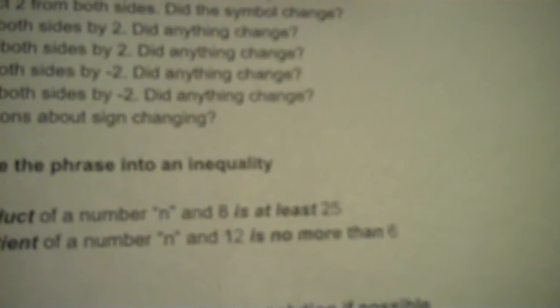Now here's the first example. The product of a number n and 8 is at least 25. Is at least. I'll write it down. So I write 25 down, the last number.